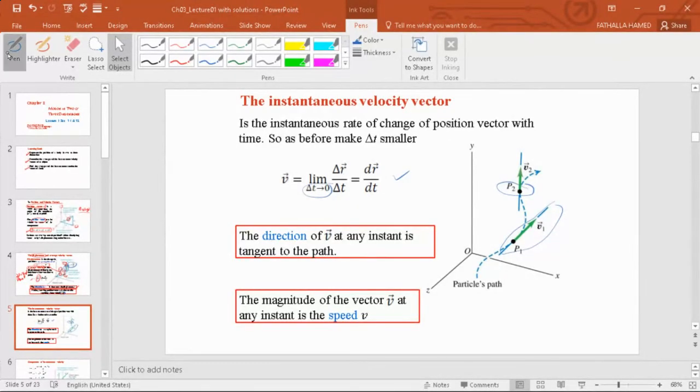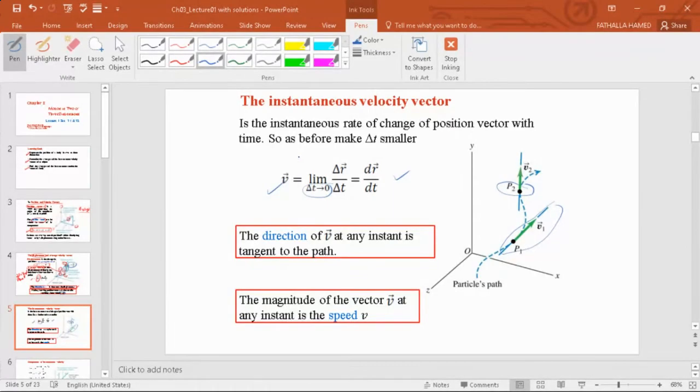And it should be the limit as delta t goes to 0 of delta r over delta t, which is equal to dr by dt. So that's the instantaneous velocity.